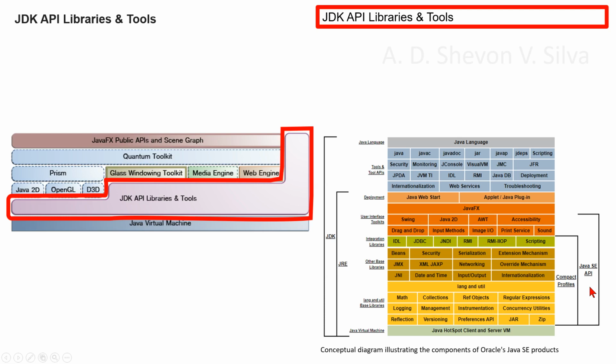Java SE API consists of the following levels: deployment, no sorry, deployment is not included, user interface toolkits except JavaFX, integration libraries, other base libraries, and lang and util base libraries.